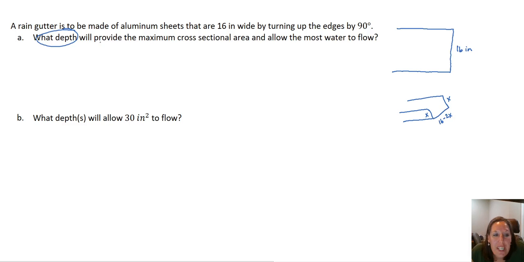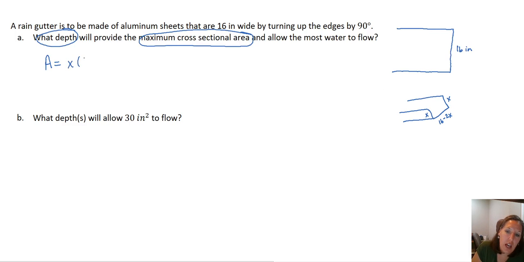All right, so we want to know what depth will provide the maximum cross-sectional area and allow the most water to flow. Well, we don't really know our area function just yet, so we've got to find that. If we want to maximize that area, we need to find our area function. Remember, area is going to be length times width, or in this case, height times width.